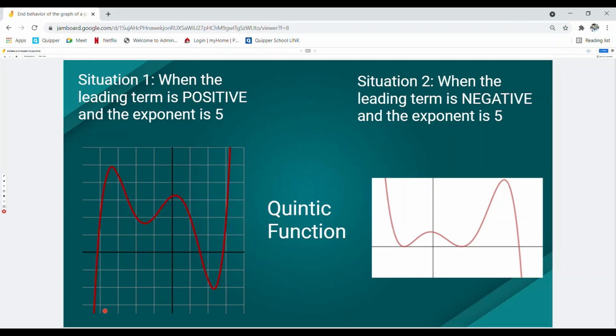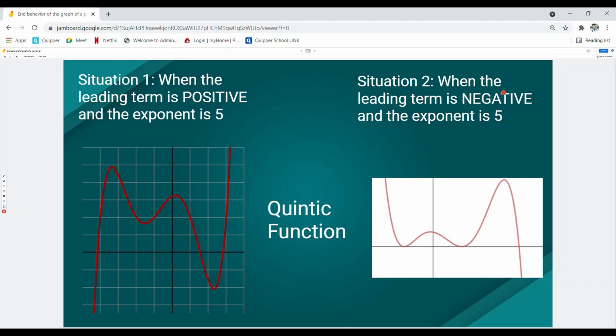What makes it different is that it has already four curves: 1, 2, 3, 4. Since the power is 5, there are 4. In the cubic you only have 2 curves, but the ends are just the same. If positive, it goes up on the right and down on the left.